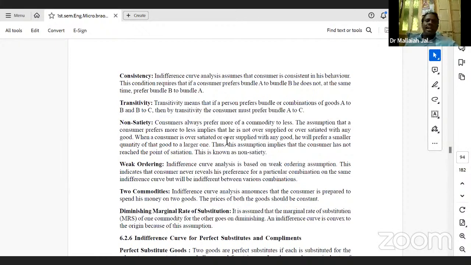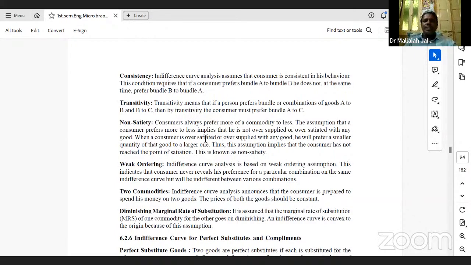Consistency. Here, in the indifference curve analysis, the consumer is consistent in his behavior. What does it mean? He prefers which bundle, A bundle to B bundle. When we are comparing which bundle is giving more and which bundle is giving less satisfaction, he can compare easily. And transitivity.